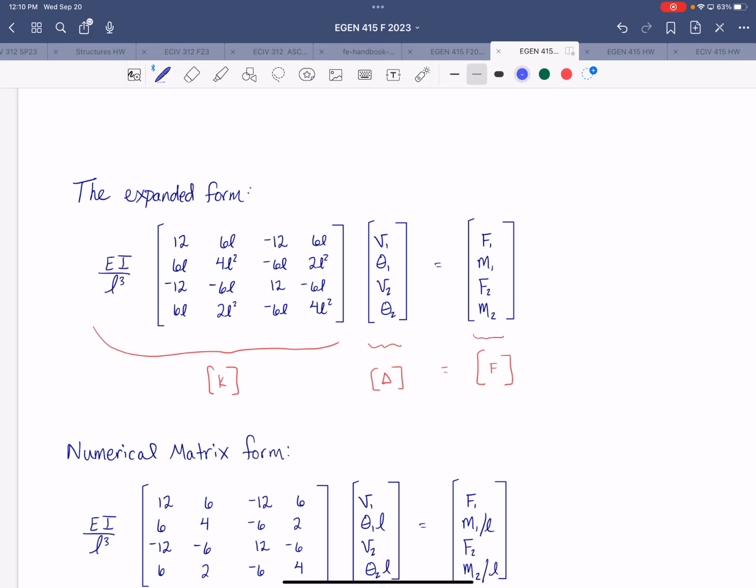You'll notice in this form that the generalized displacement matrix has mixed units in it, because we have displacements in units of length and then rotations, which are dimensionless. And then also in the generalized force matrix, we have mixed units, force and moment. So we want to make some modifications to simplify our application when we solve these problems by hand in particular.